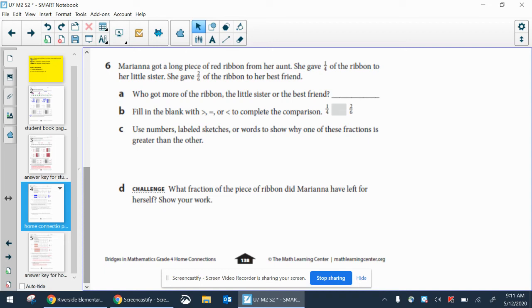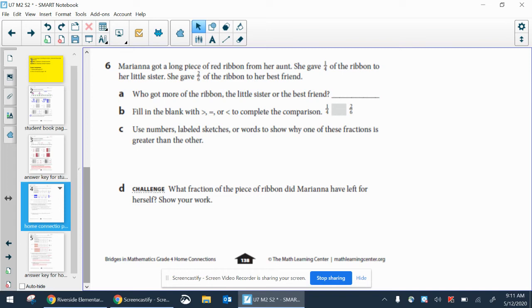So keep that in mind. You could also use a strategy of cross multiplication. And another strategy could be a quick common denominator, or finding a common denominator and then making equivalent fractions and comparing it that way.